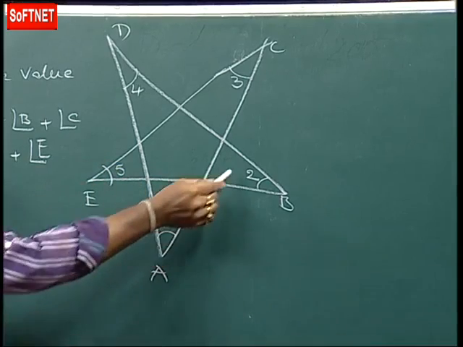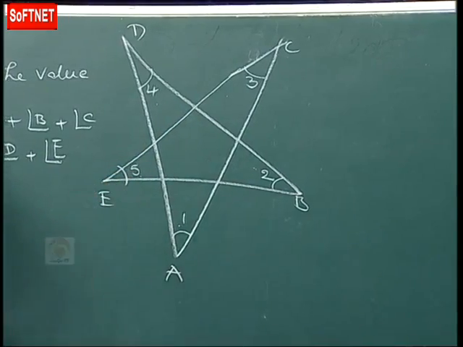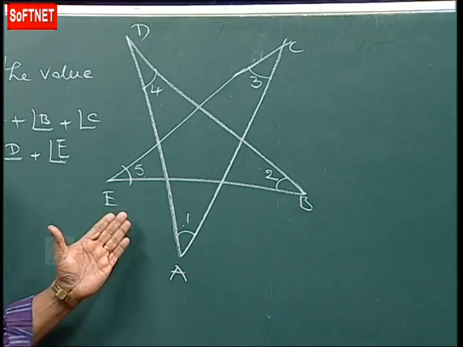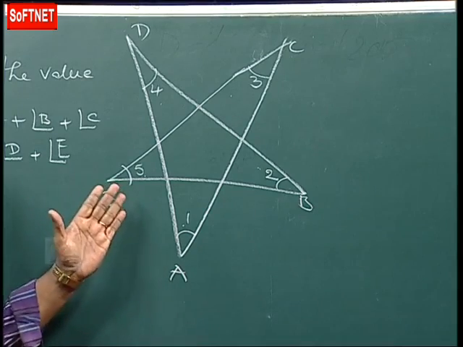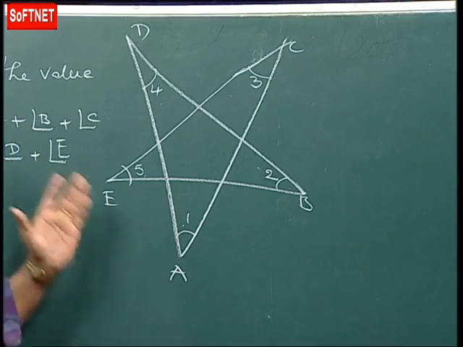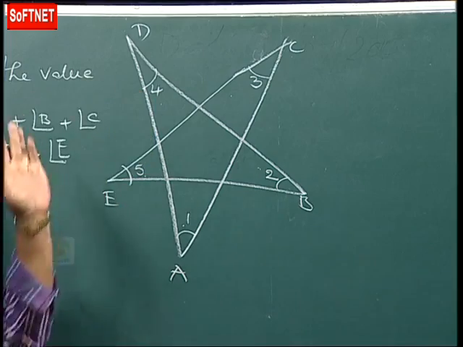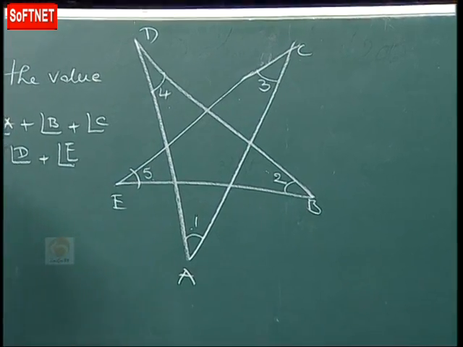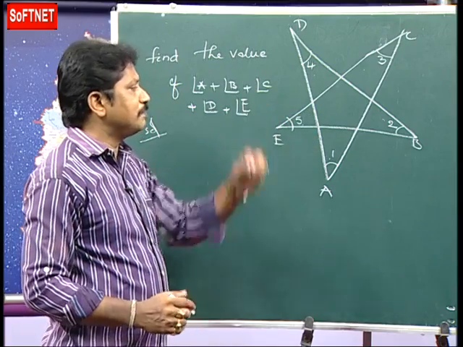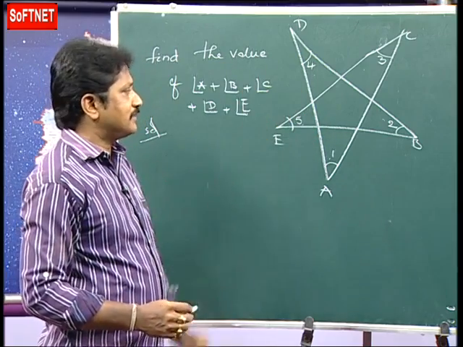Here we can find so many triangles, and the importance of this problem is that we can find the value of the sum of these 5 angles by nearly 10 methods. You can take any one method as you wish, but I am taking the very simple method using the properties of a triangle.